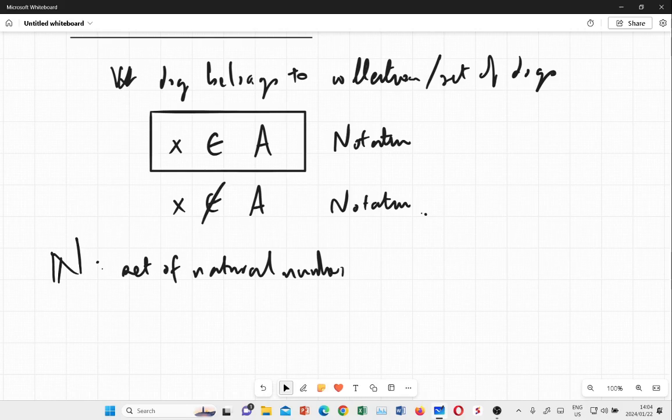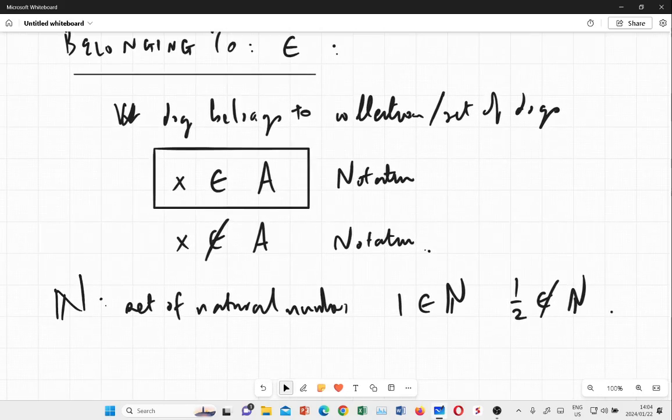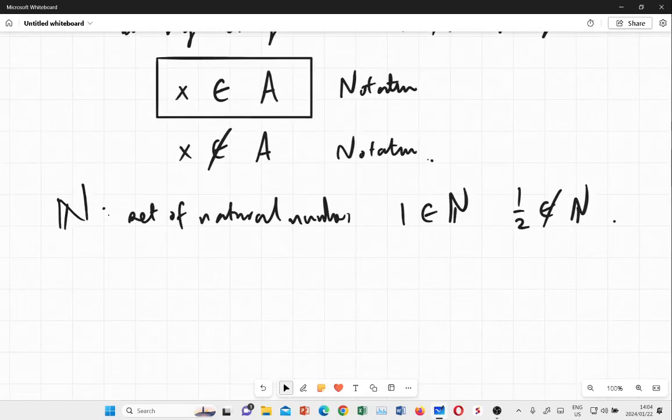So in this case, we can say that 1 belongs to N, but a half does not belong to N, the set of natural numbers. So this idea of belonging to is very natural.